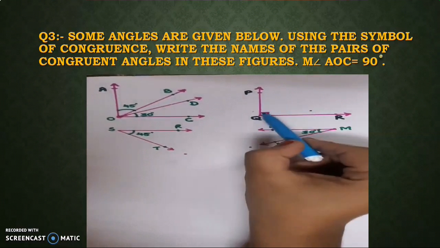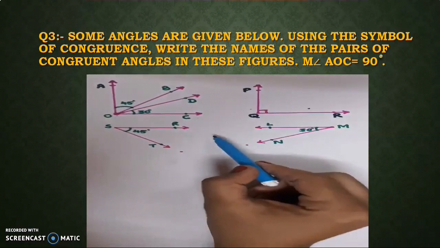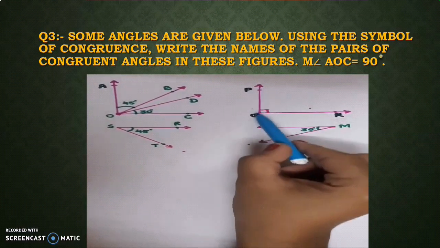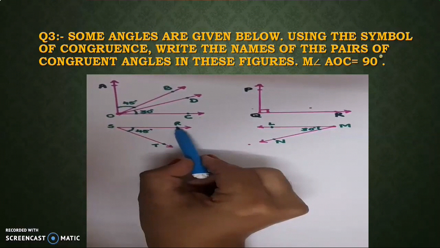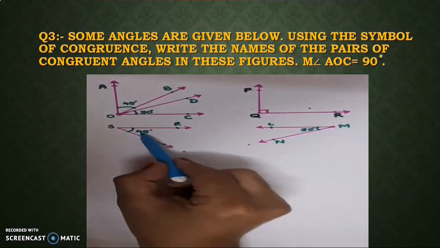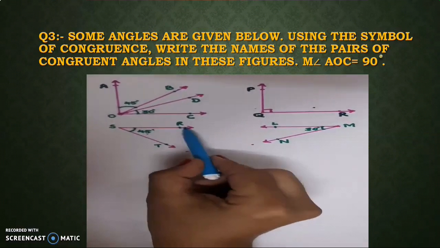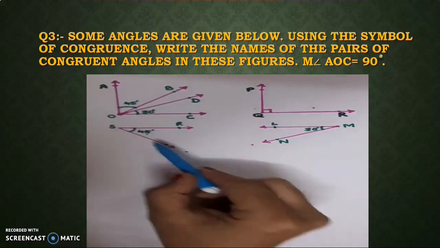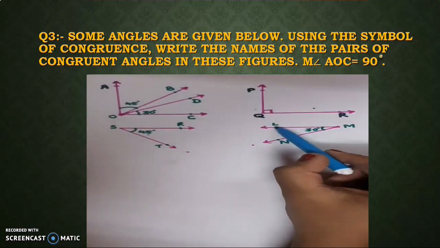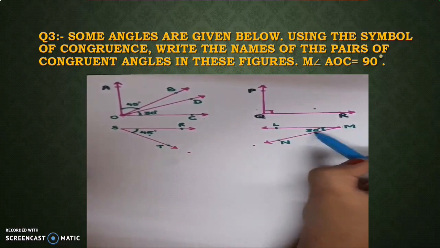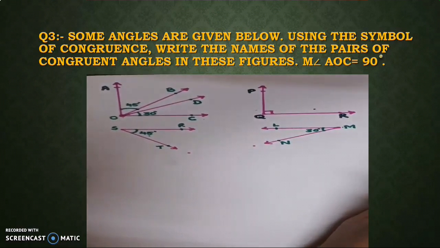Now come back to this angle, here it is given a 90 degree angle symbol, so our PQR is 90 degrees. Then the name of this angle is RST and here it is shown 45 degrees, means our angle RST is 45 degrees. Then here the name of the angle is LMN and it is shown that it is 30 degrees.